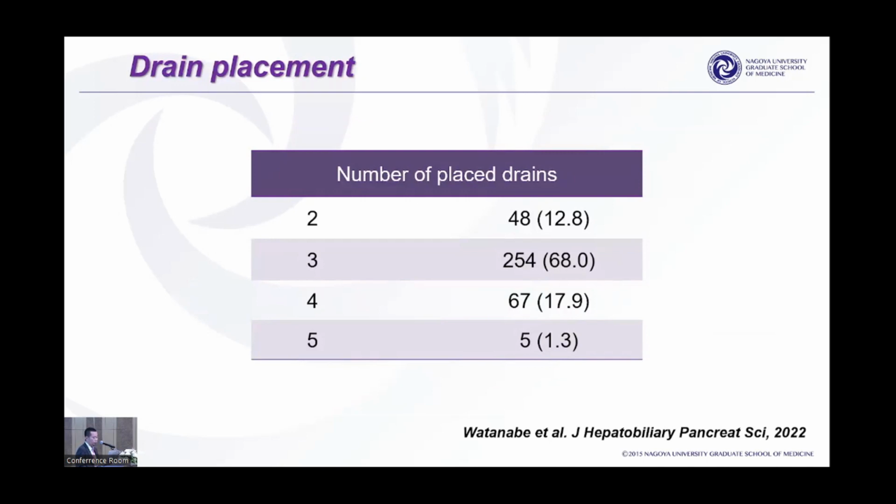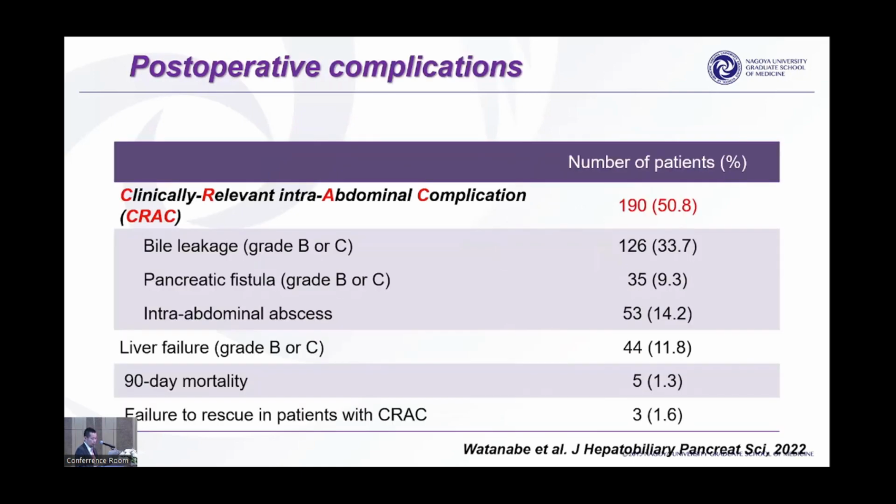The number of placed drains is shown. About 70% of patients had 3 drains. Some patients had up to 5 drains. In this study, bile leakage, pancreatic fistula, and intra-abdominal abscess were grouped together as SSI. An SSI was developed in 50% of patients.